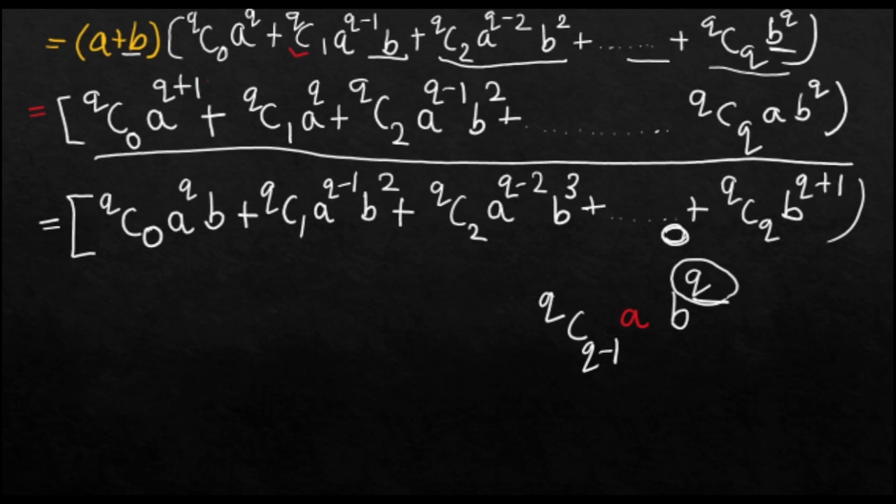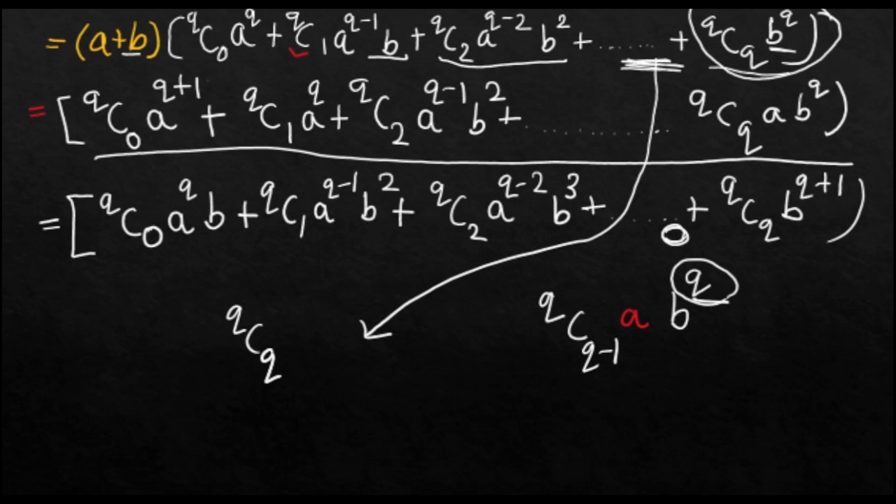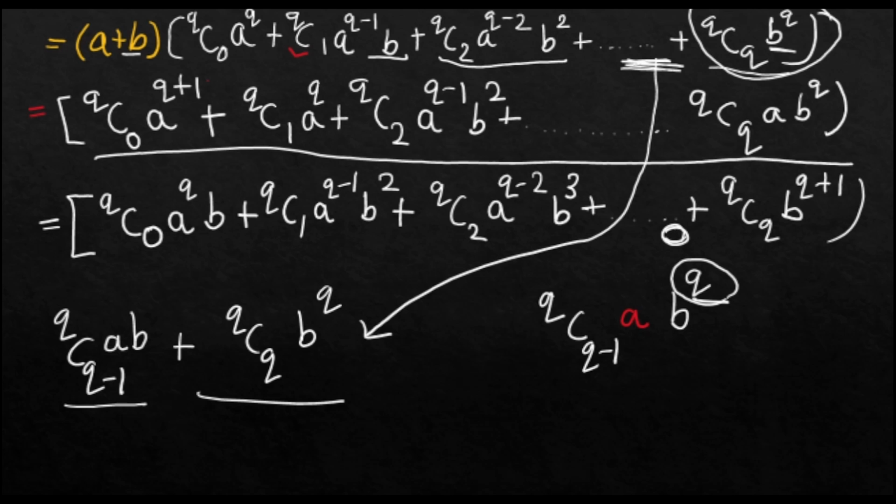Let's take the previous term of this expansion here. QCQ BQ, this is the last term, and the previous term will be QCQ minus 1. It will represent the previous term. A ends at the previous term, so I will write the A here, and B is Q minus 1.